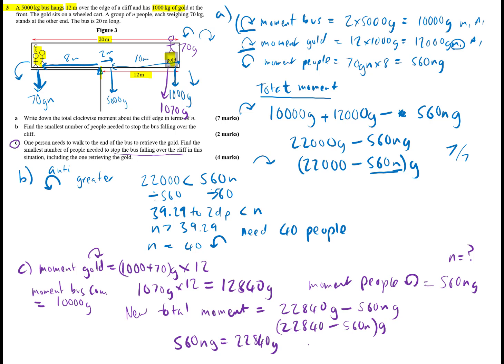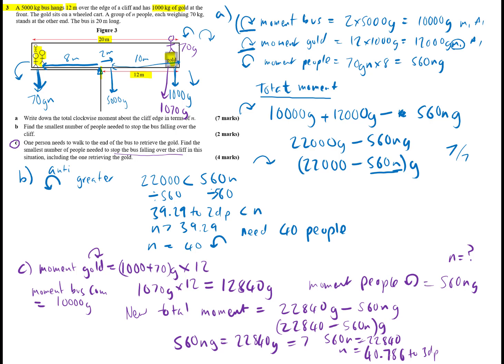We can cancel out the g's, so we get 560n equals 22,840. Find out what n equals in this context by dividing by 560, which equals 40.78623 dp.